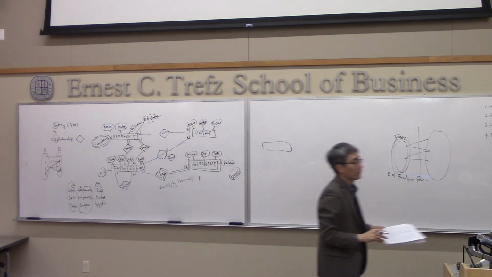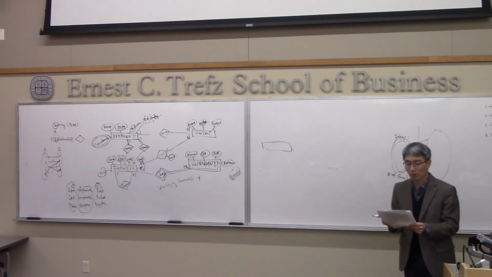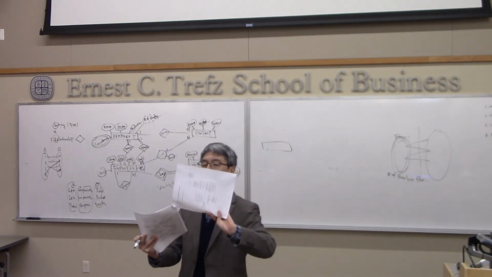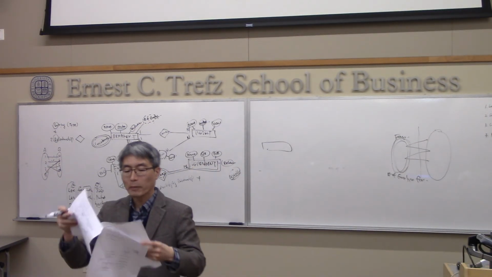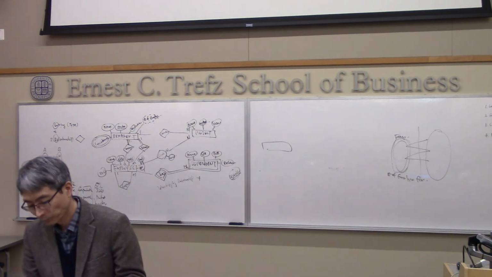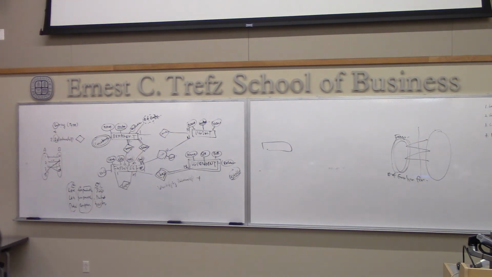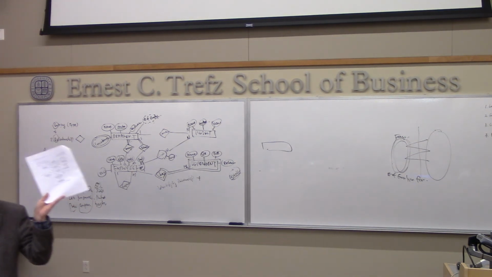Okay, if there is no other question, why don't you take a look at handout 1, 2, 3, page 4. If you look at page 4, it's slightly different from this one.